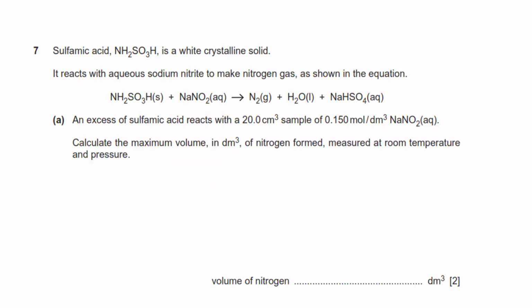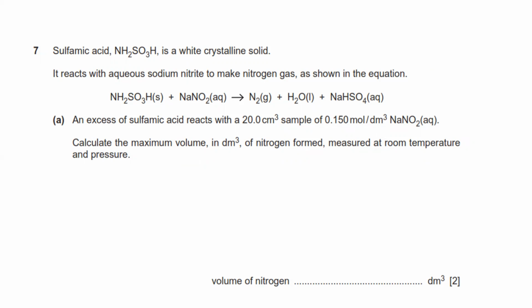So moving ahead to the next question, question number 7. It says sulfamic acid, NH2SO3H, is a white crystalline solid. It reacts with aqueous sodium nitrite to make nitrogen gas as shown in the equation.